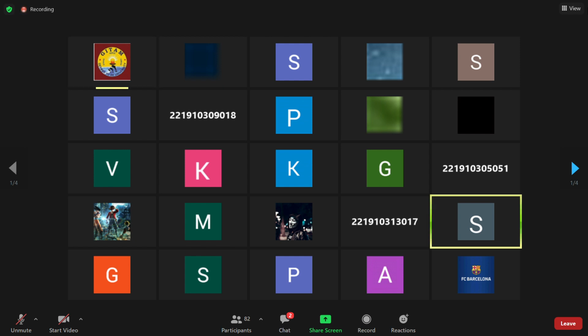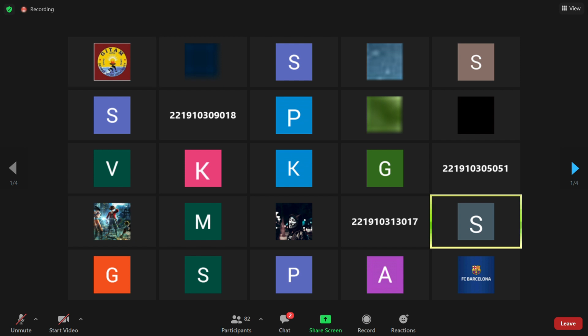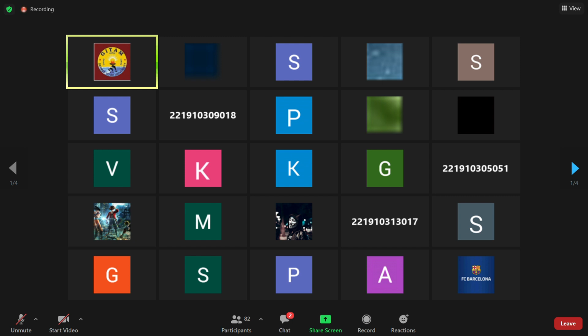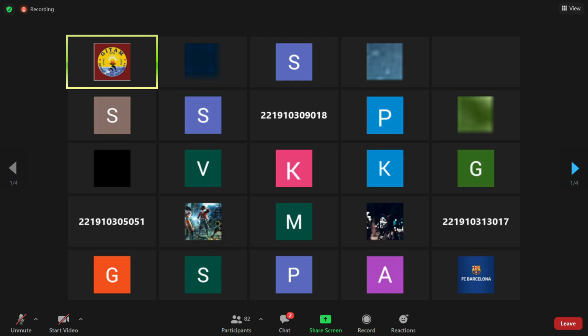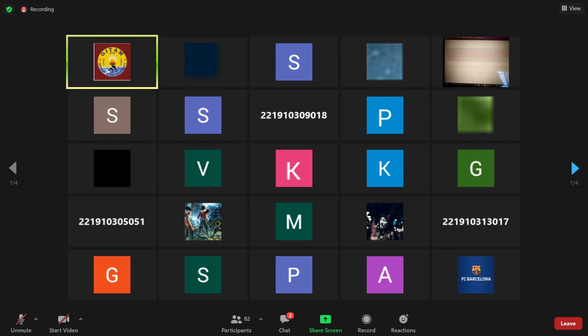No problem, you can share video. Disconnect the mobile audio first, otherwise you'll get echo. Is it visible? Yes. Okay. Stop sharing.